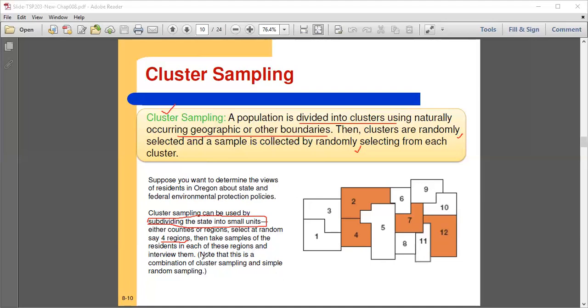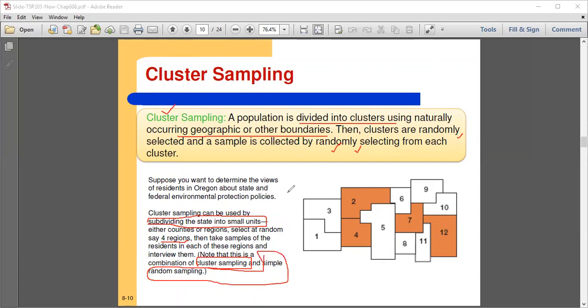Note this is the combination of cluster sampling and simple random sampling. So as we have discussed here, this sampling technique is basically the combination of cluster sampling and simple random sampling.